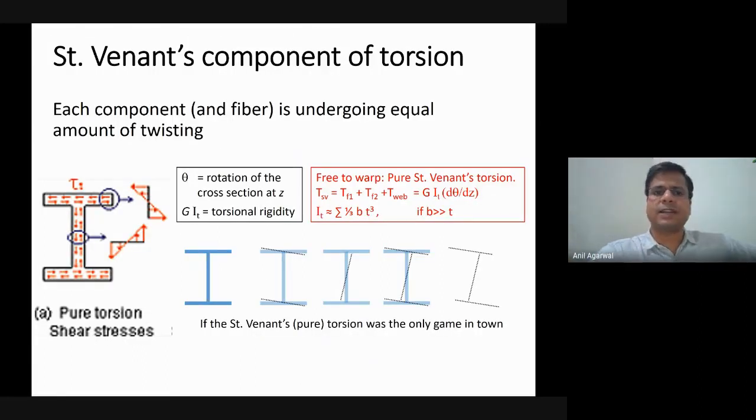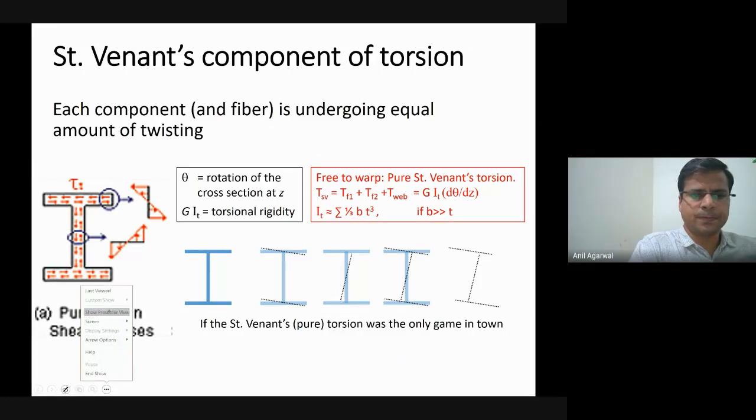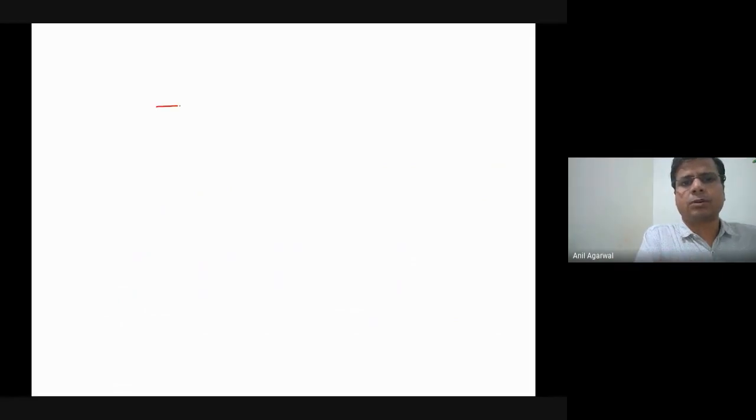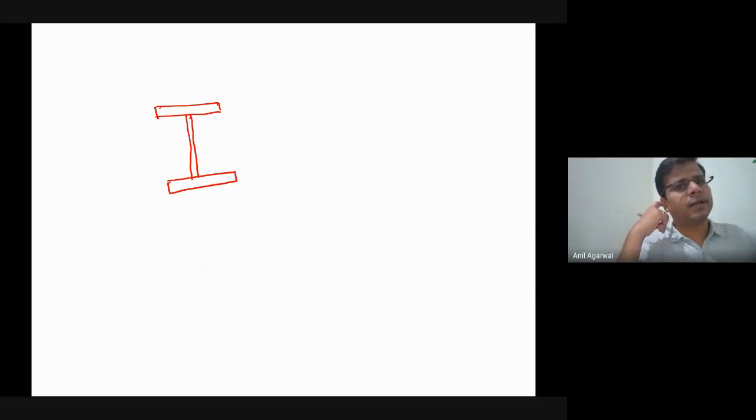Okay, so what is Saint-Venant's torsion? So Saint-Venant's torsion basically, if I may create another white sheet. So if you have a cross section, let's say an I section, and I'm saying that it is undergoing Saint-Venant's torsion.